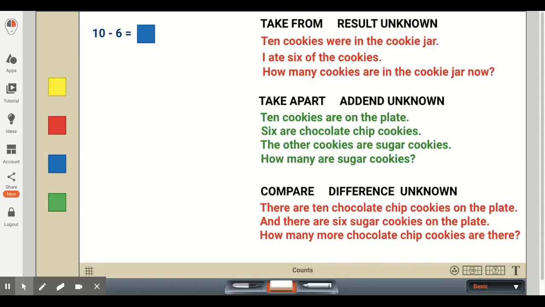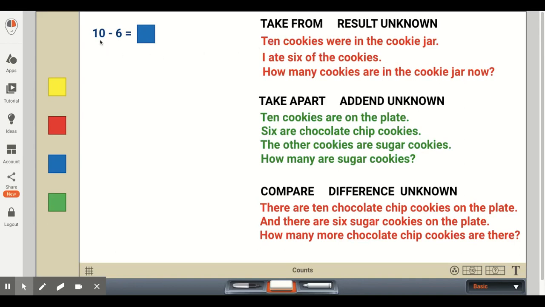This first subtraction equation could represent three different situation types. The first is probably the one most common to first graders. In this one, you'll be taking some amount from a larger amount and trying to find the result or the difference. So in this problem, 10 cookies were in the cookie jar.